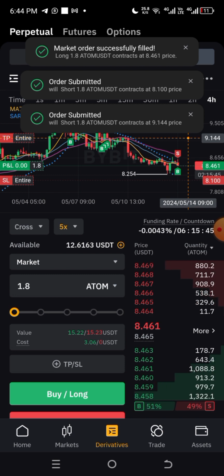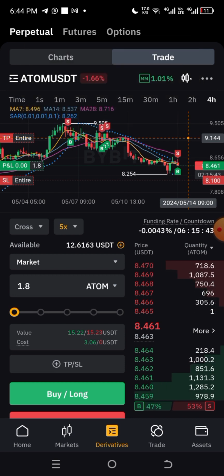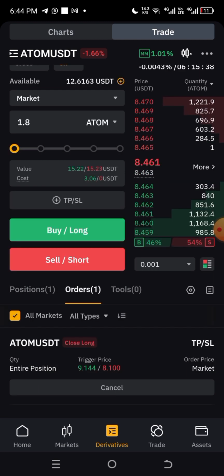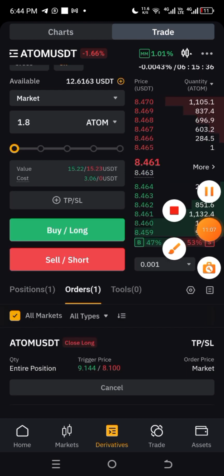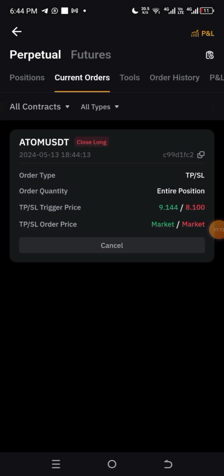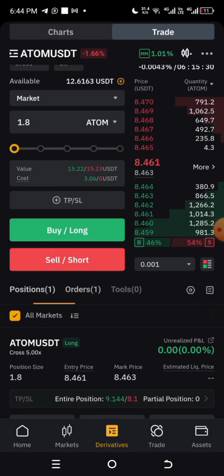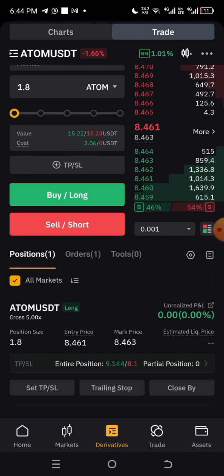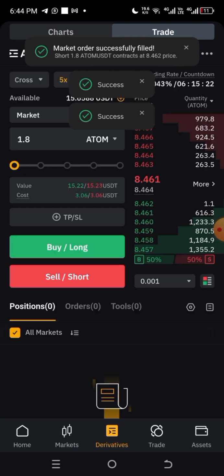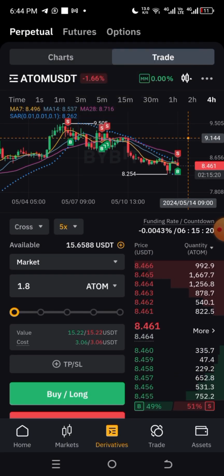And voila, my trade is already running. Scroll down, you can see my trade is running. My orders here, you can see we have our stop loss and take profit right there. So let me just cancel this right now. So that's a possible scenario, right?